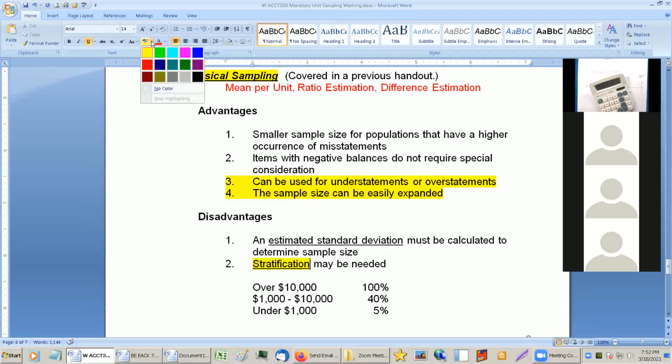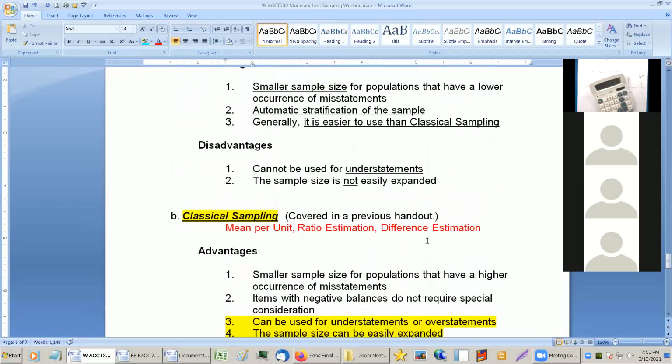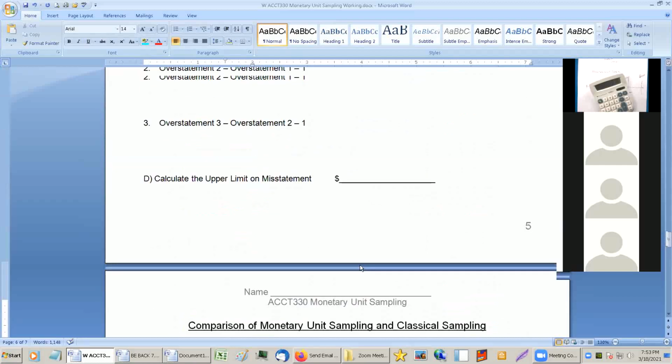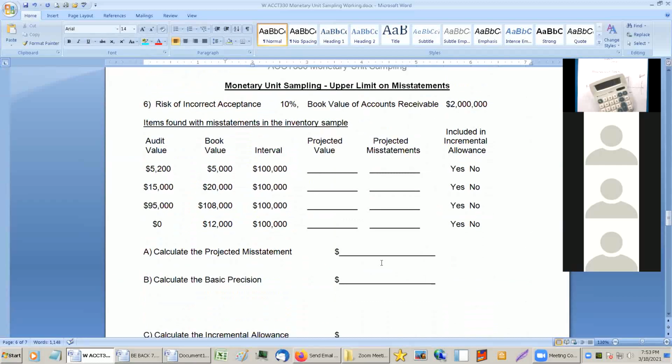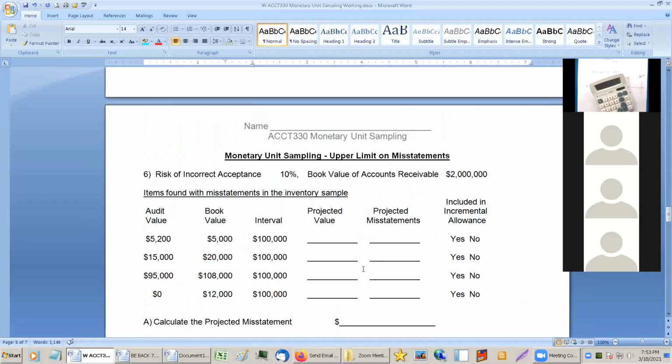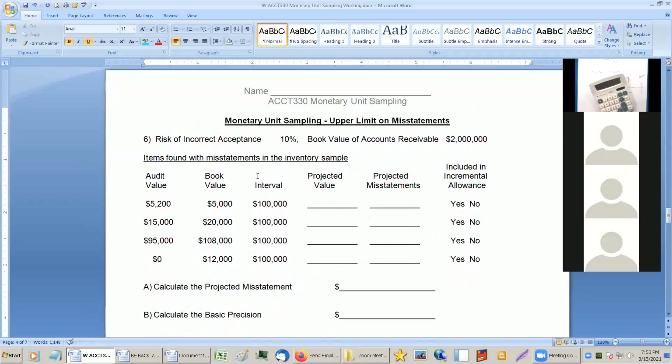You don't have to do that in the monetary unit method because it automatically does it. Okay, so this answers disadvantages. I think I'll give you number 6 as homework, but I want to talk about these.